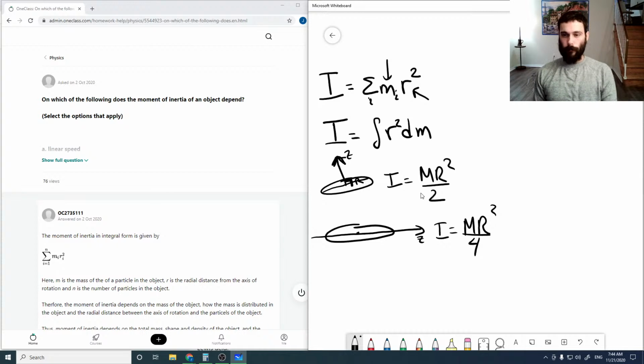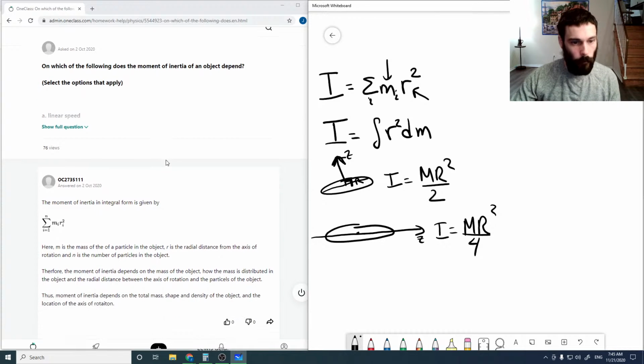So it depends on its mass, how the body is distributed from r, and also where you choose your moment arm.